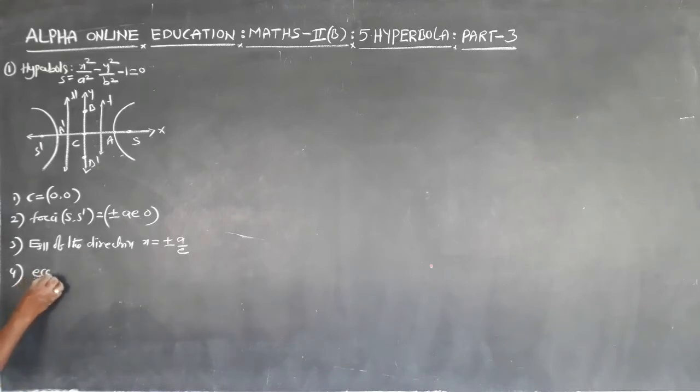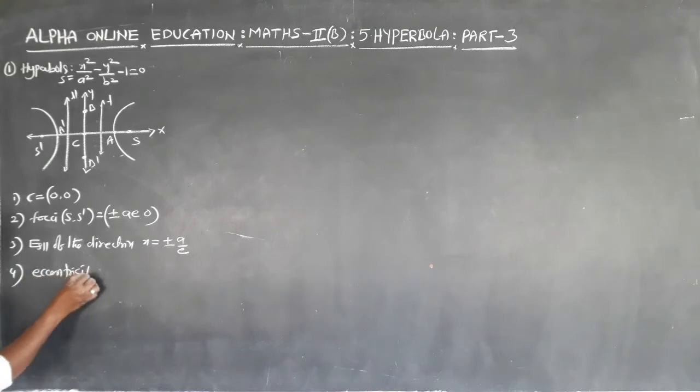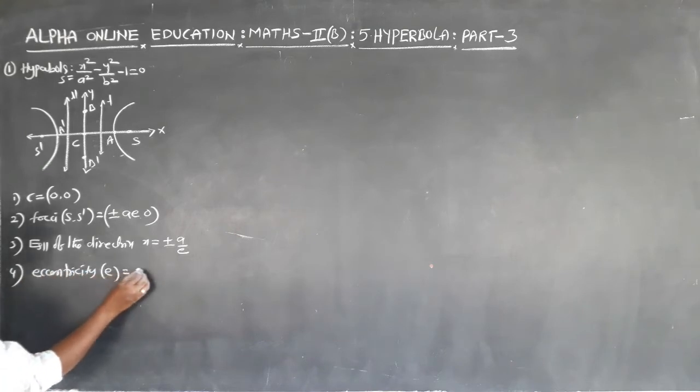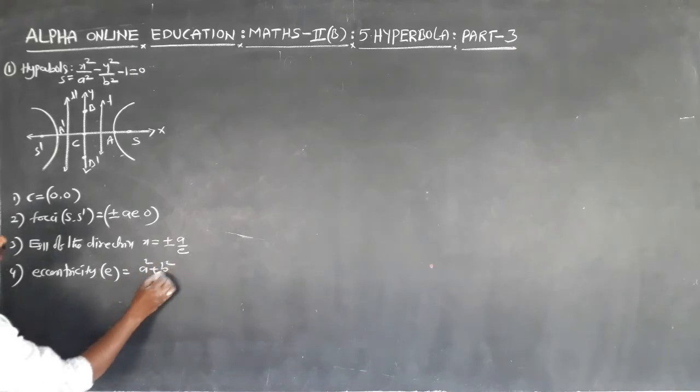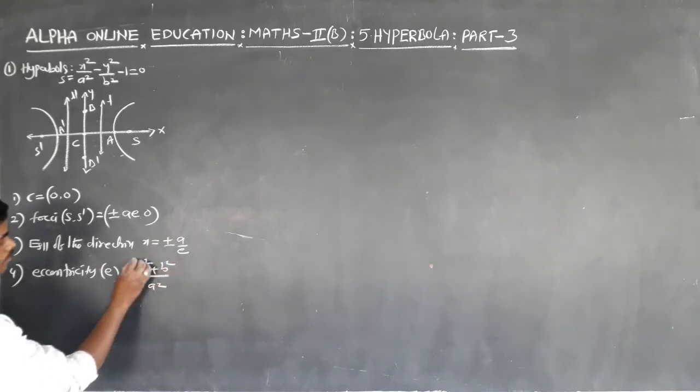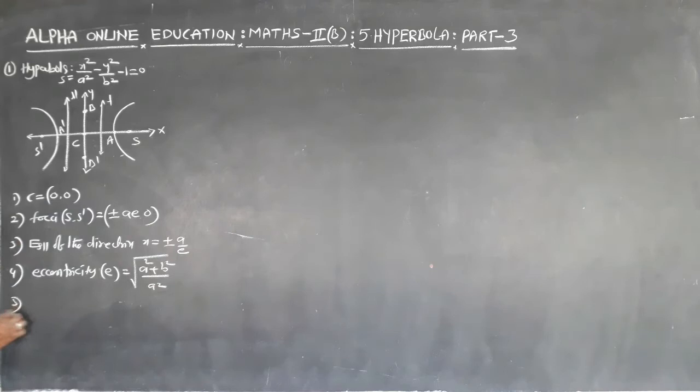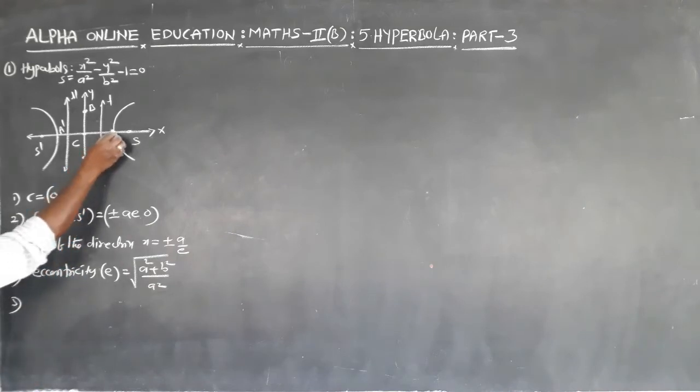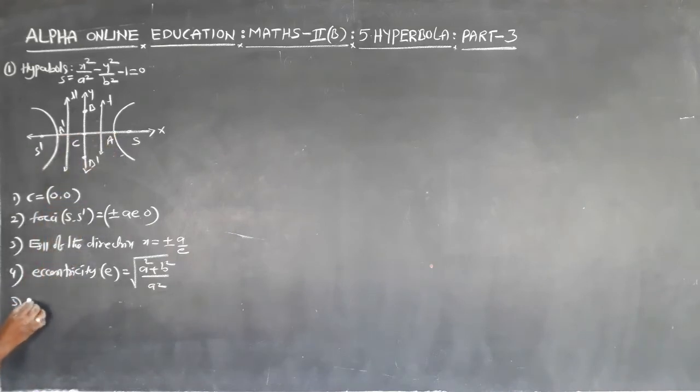Next one is eccentricity. Eccentricity is equal to under root of a square plus b square by a square. Next one, length of the transverse axis.